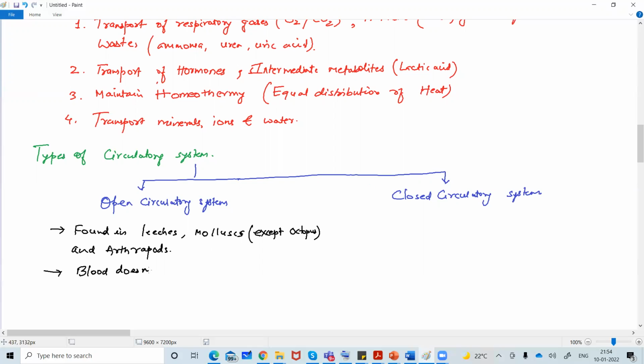So second point, you can say that blood does not remain confined to blood vessels. It comes out into open space or channel, where it will get exchanged.